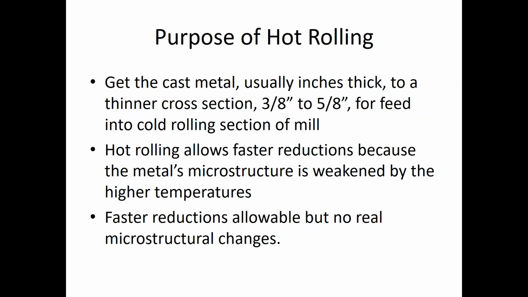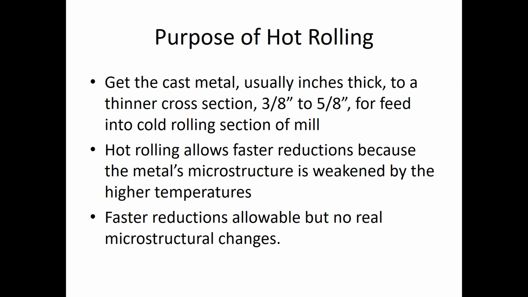Hot rolling allows much faster reductions because the metal's microstructure is weakened by the higher temperatures. You extract the cake out of the furnace and it's red hot, sometimes bordering on white hot. The crystalline structure is weakened because of the heat, and it allows faster reductions with no microstructural change per se.